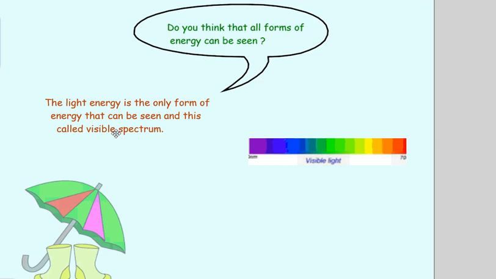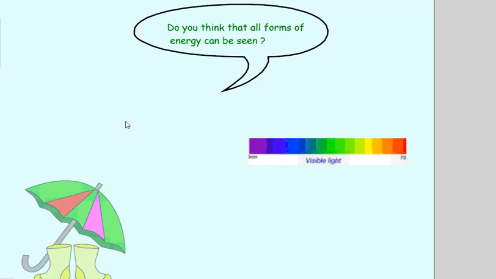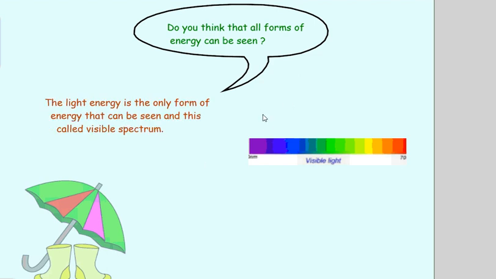Do you think that all forms of energy can be seen? No. Light energy is the only form of energy that we can see. So it's called the visible spectrum. You can ask me, how?